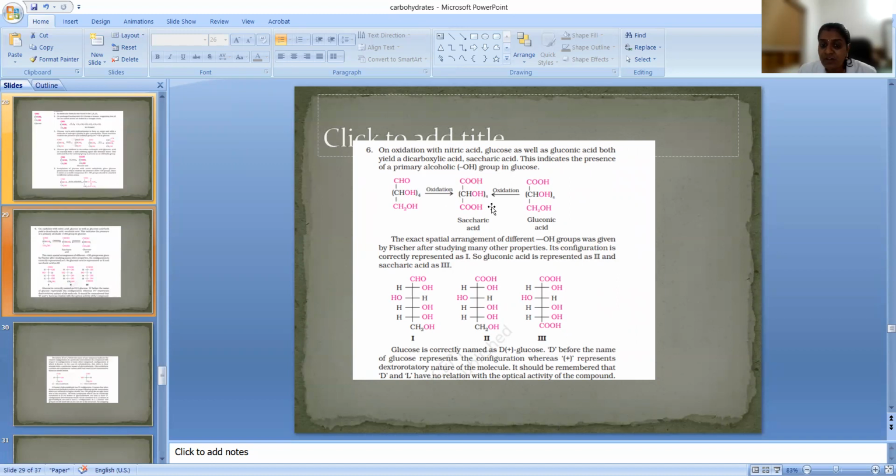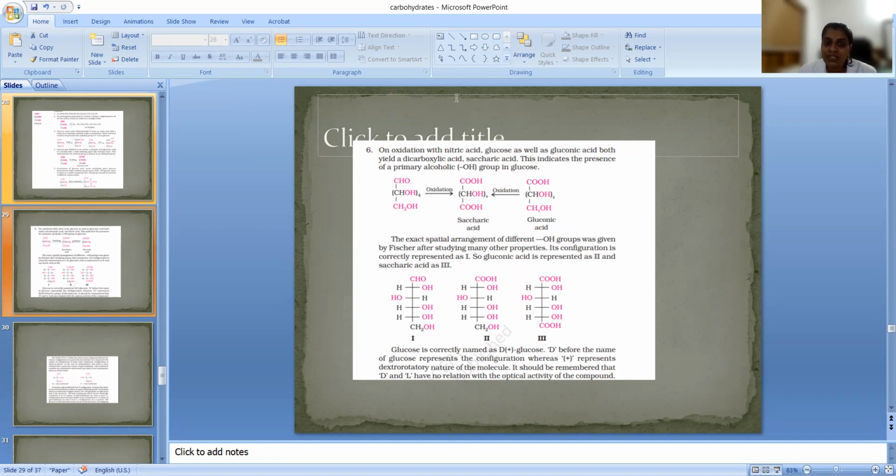Okay. How did we confirm it is a primary alcoholic group? Because gluconic acid also contains a primary alcoholic group. When it reacts with nitric acid, we get the corresponding COOH. So from that we understand that a primary alcoholic group is also present in glucose.